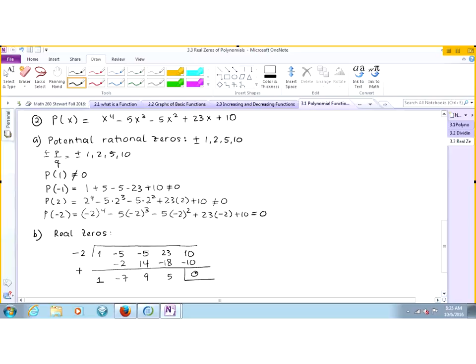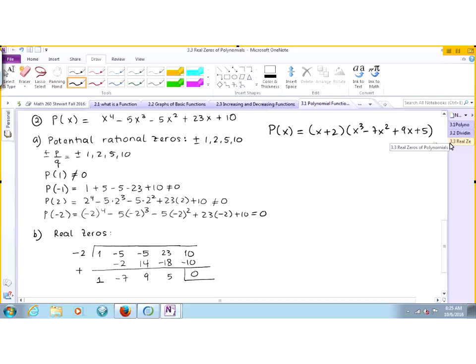Now what do we do once we write this? Any idea? x plus 2. Yes. So we write P of x as equal to x plus 2 times x cubed minus 7x squared plus 9x plus 5.